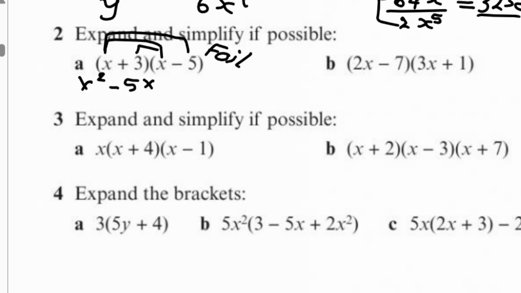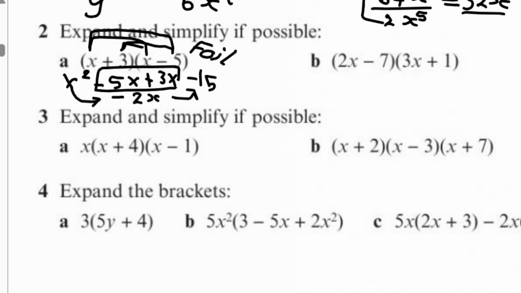And then 3 times x is 3x. And finally, 3 times negative 5 is minus 15. Now, these look alike. Minus 5x plus 3x is minus 2x. So it's going to be x squared minus 2x minus 15.